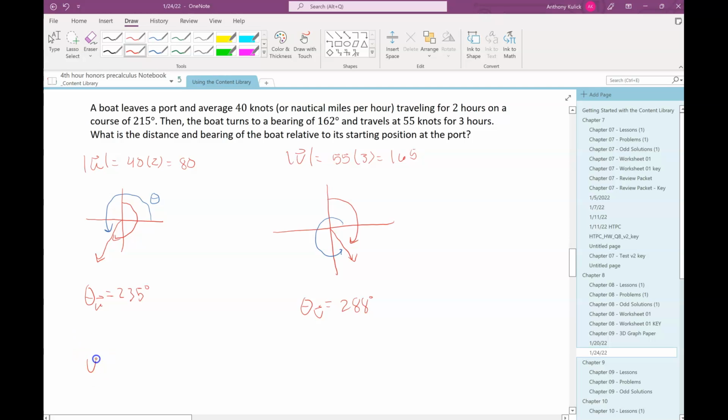So now I can go ahead and add these two vectors. To do that, I'm going to resolve each vector u and v into component form.